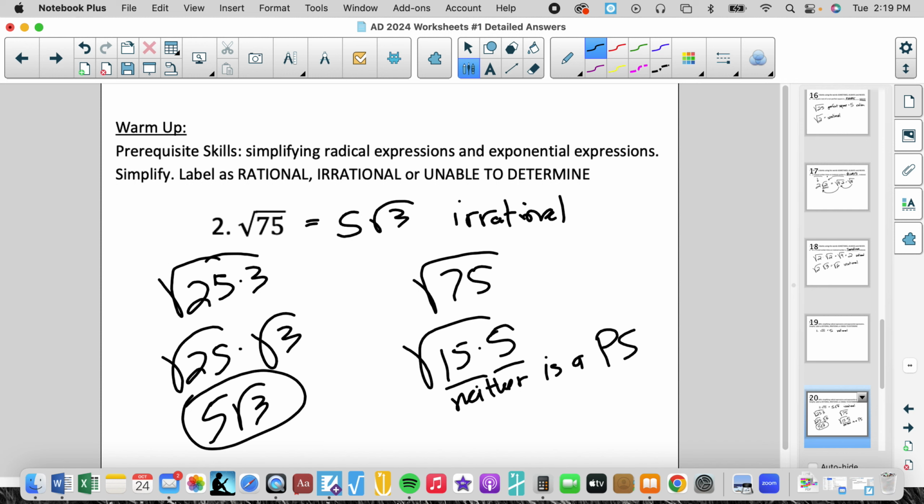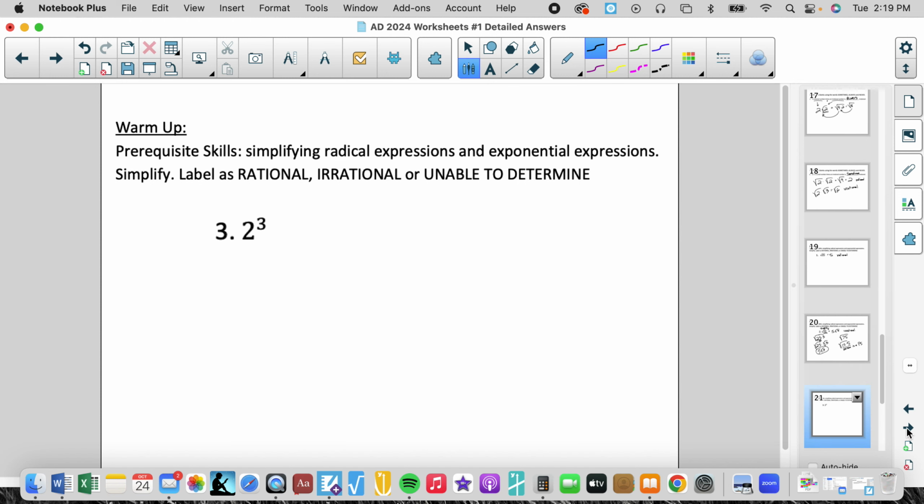So when I'm trying to simplify radicals, I'm going to look for factors that are perfect squares. So when I break them up inside the radical, I'm going to pick factor pairs where one of them is a perfect square. When I pick 15 and 5, that's a factor pair that produces 75, but neither is a perfect square, so it wouldn't help me.